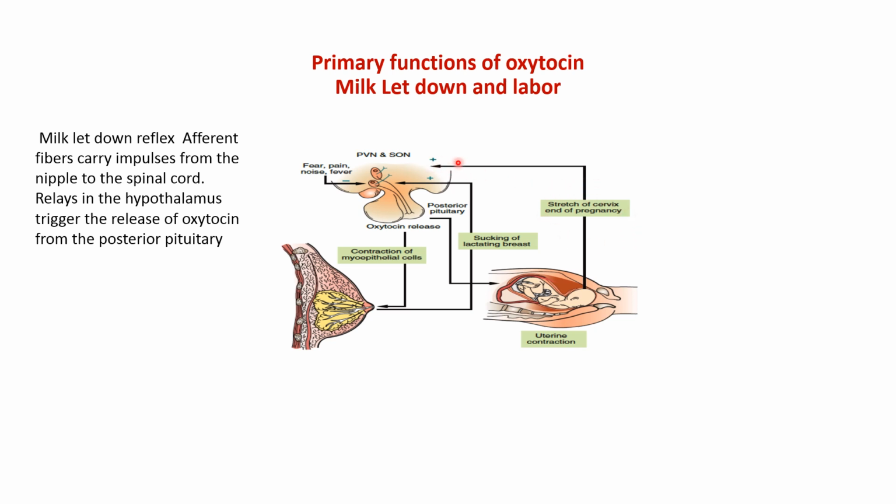It goes to the hypothalamus and stimulates the secretion of oxytocin. And here what oxytocin does, it causes contraction of the smooth muscles of the uterus and aids in labor.